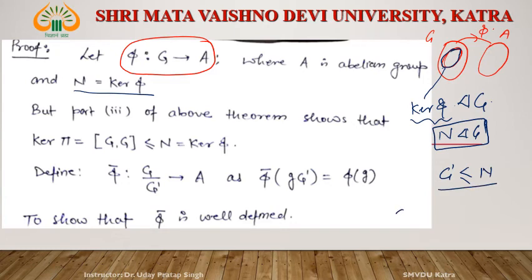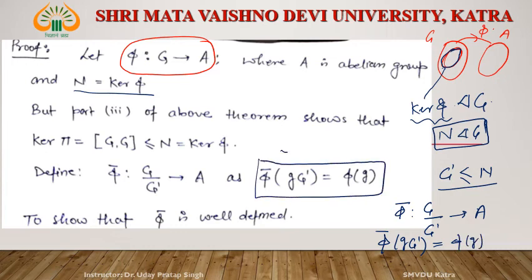Now this phi bar is a map from G by G prime to A, and define this. What is the element of G by G prime? This is the element of small g G prime, g in capital G. And what is this? This is phi of g. So this phi bar is defined in this way.